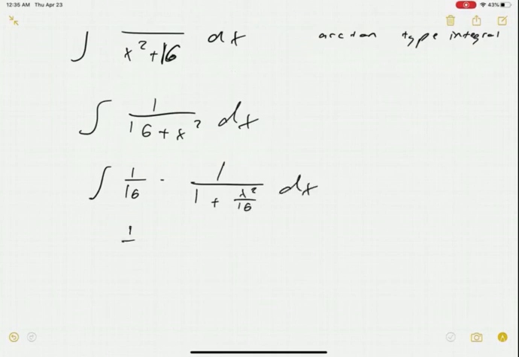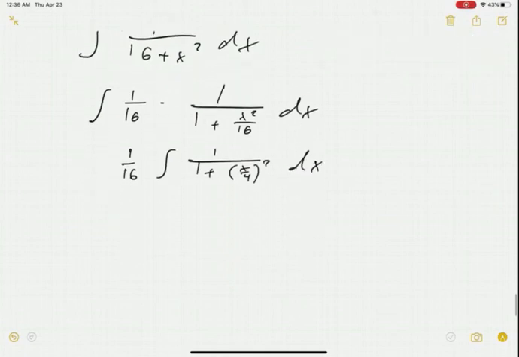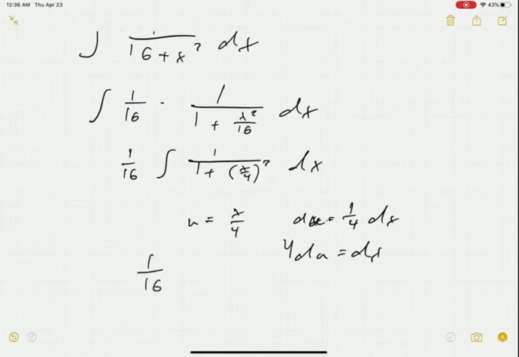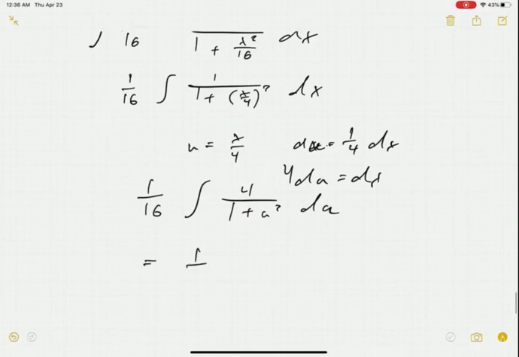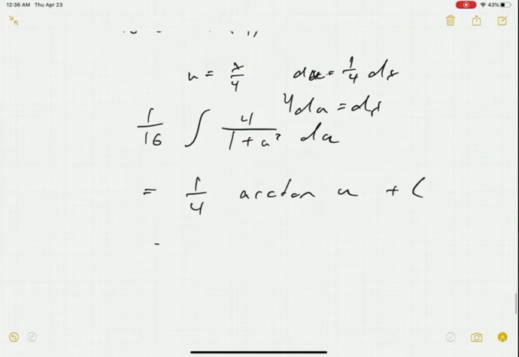And then I can say that's equal to this, and then I can do a u sub to get this antiderivative.